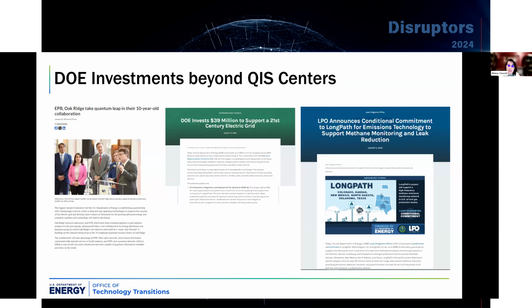And as Anna mentioned earlier in the day, there are loan guarantees out there in the billions of dollars, and DOE has one of those as well. I wanted to highlight that a quantum company, LongPath, is a great example of quantum sensing, quantum laser technology used for methane leak detection that was awarded a $189 million loan guarantee to scale.